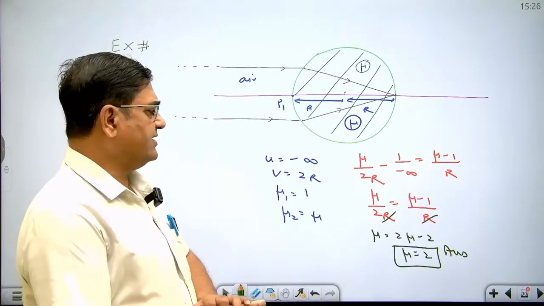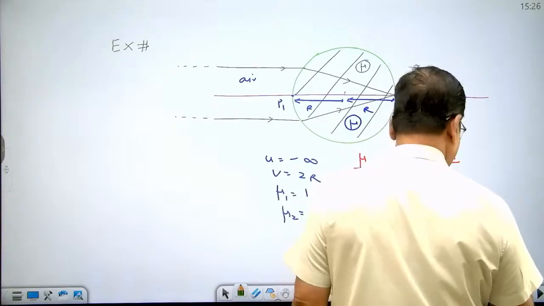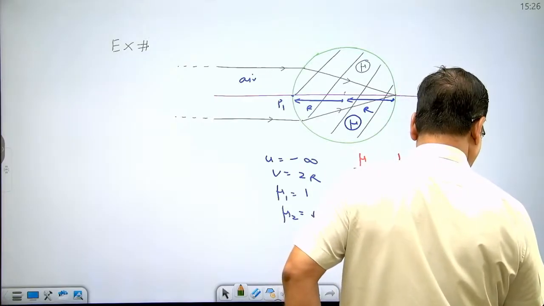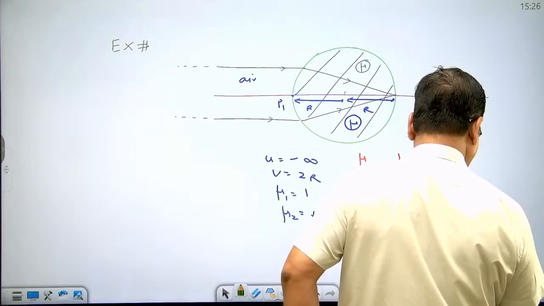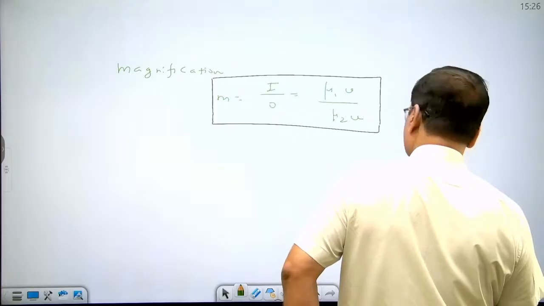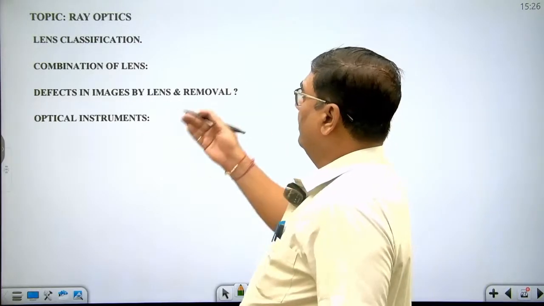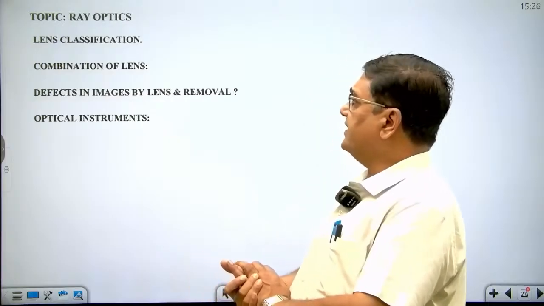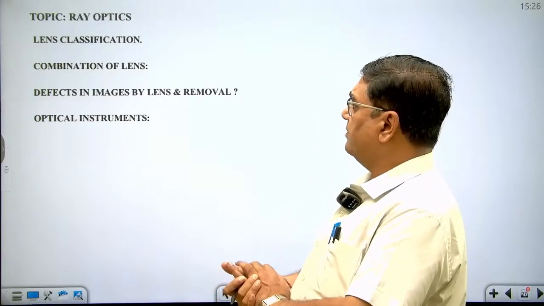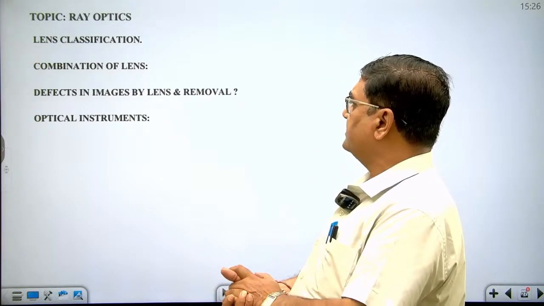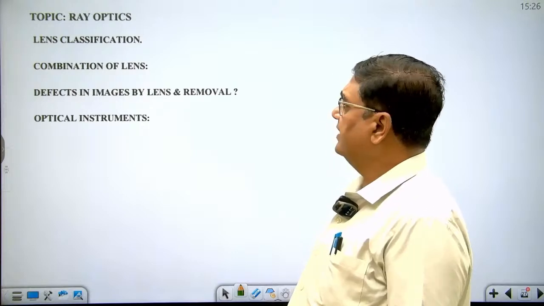Now, dear student, let's see about the lens. First, we will see lens classification, combination of lens, defects in images by lens and their removal, and optical instruments.